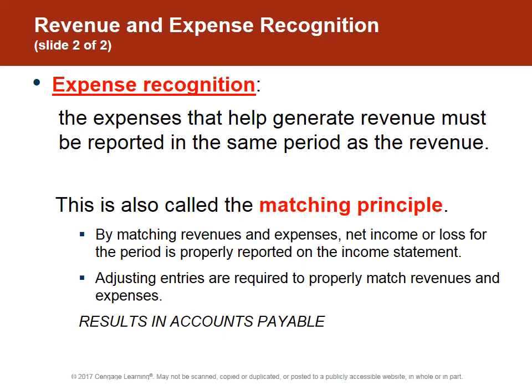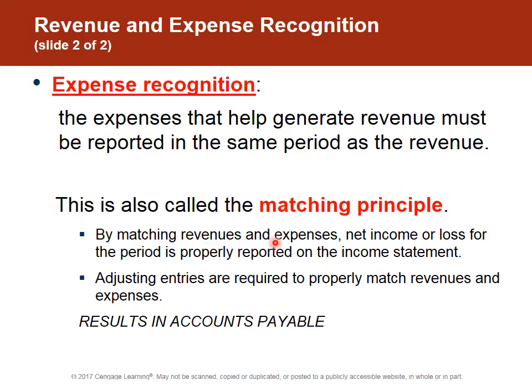Let's go to expenses. And this is where we get into our matching principle, which is such an important principle. Expenses are recognized when they help generate the revenue and they're reported in the same period as the revenue. So if a company pays 3 years worth of insurance in advance, after the first year they can only record 1/3 of that insurance as an expense because that's the period that the insurance was helping earn the revenue.